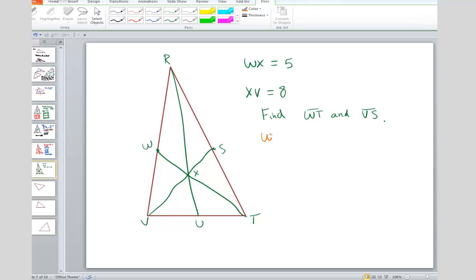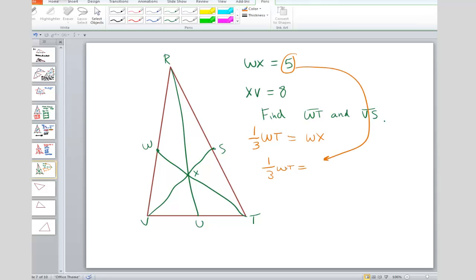Here's WT. WT is the entire thing, and WX is 1/3 of it. So 1/3 of WT equals WX. Now we have 1/3 WT equals, let's plug in 5 over here.